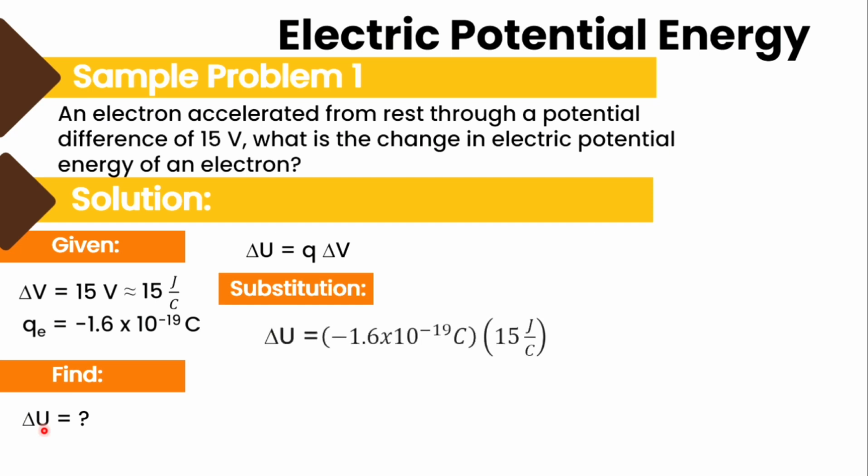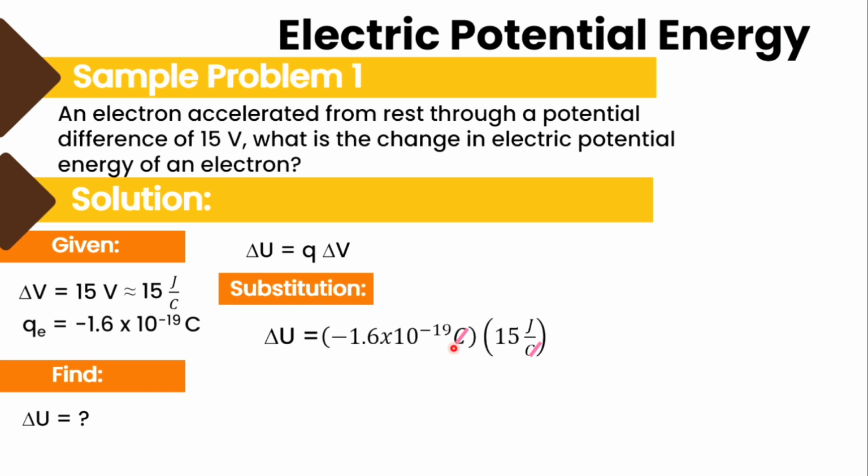So by substitution, we have here the change in electric potential energy is equal to negative 1.6, this is the Q, or the charge, times 10 raised to negative 19 coulomb, multiplied by the change in potential difference. That is already given from the problem. That would be 15 joules per coulomb. Now we need to cancel out like terms.